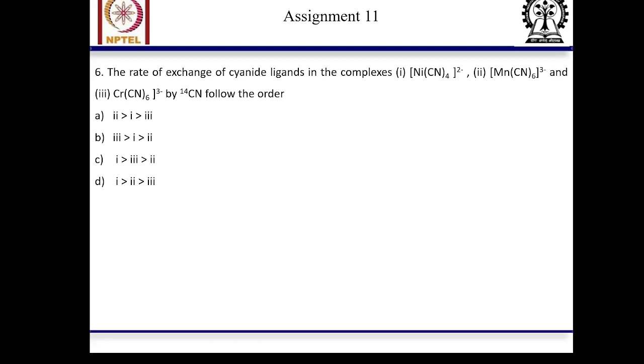First thing, this is somewhat related to inert and labile complexes. There are four terms in total. First is the thermodynamic term, where we have two things: whether your complex is stable or unstable.